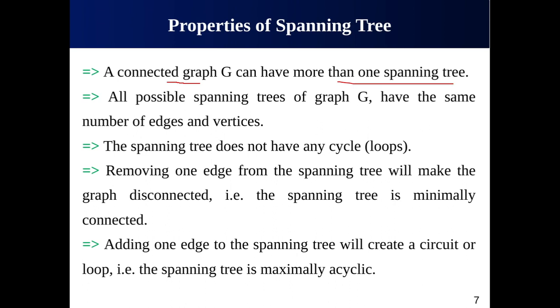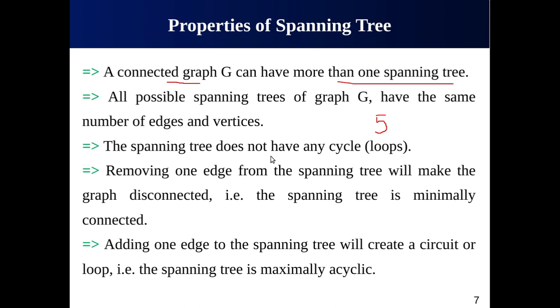Similarly, all the possible spanning trees of a graph must have the same number of edges and vertices. For example, you have created 5 spanning trees from a graph. Now, all these spanning trees must have the same number of edges and vertices. Edges mean the links that connect the vertices, and vertices also mean the nodes.